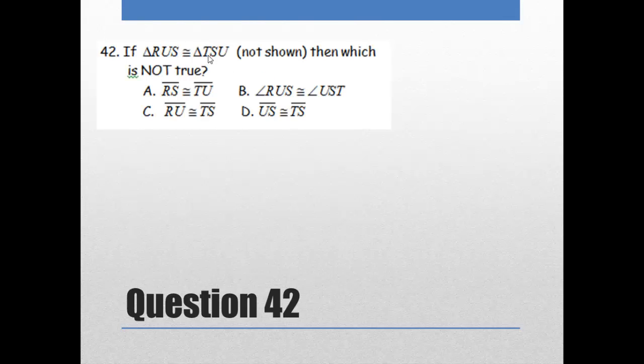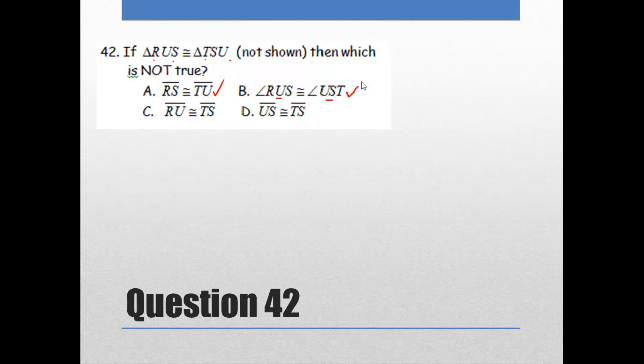If triangle RUS and TSU are congruent, then which is not true? Well, is RS congruent to TU? RS, TU, yeah, that is true. Is angle RUS congruent to UST? Well, yeah, they are, because U would be the vertex and S would be the vertex, and those are matching, so they'd be congruent.